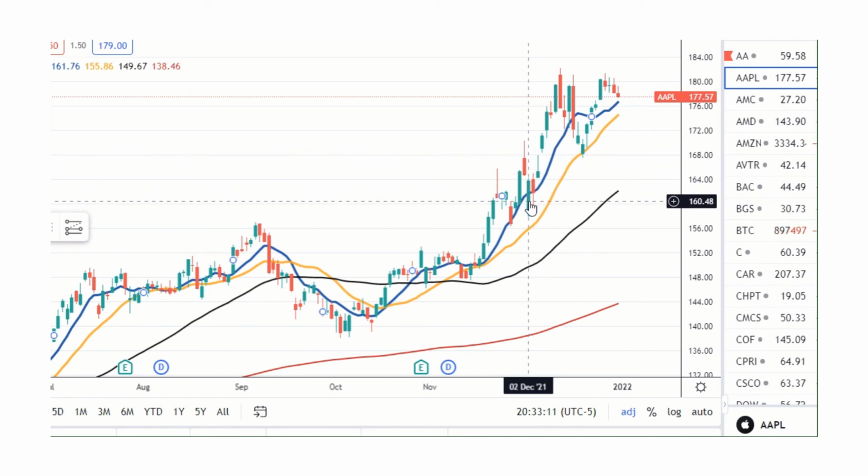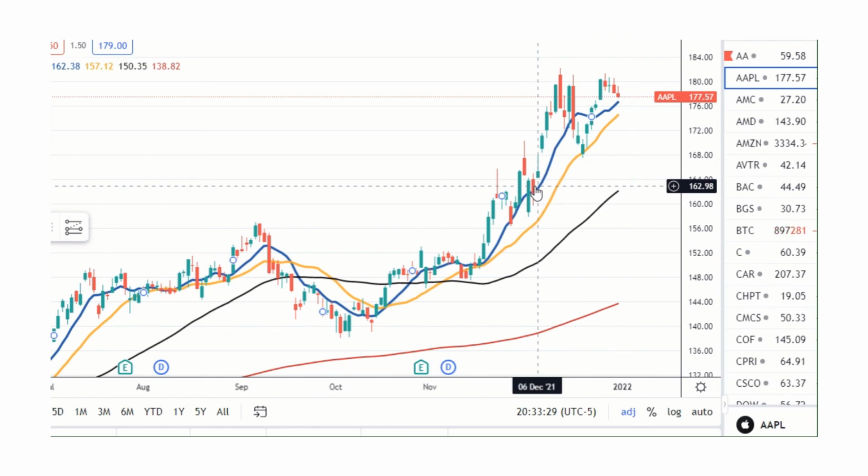Over here, December 2nd, you've got a green candle that opens below the 9-day average indicator and passes it. That's a good indication this trend is continuing. The next day, you've got a red candle, but it's followed by a green candle that passes the previous day's red candle.